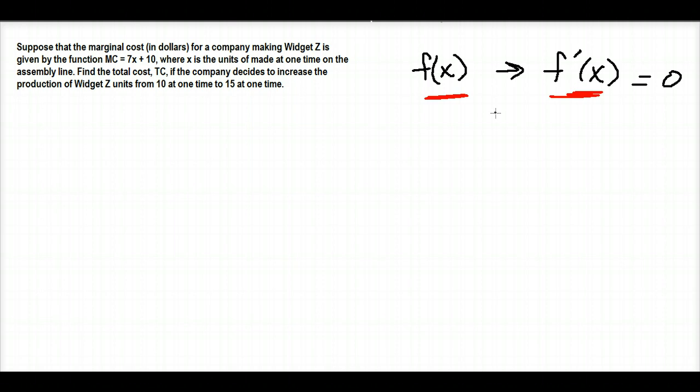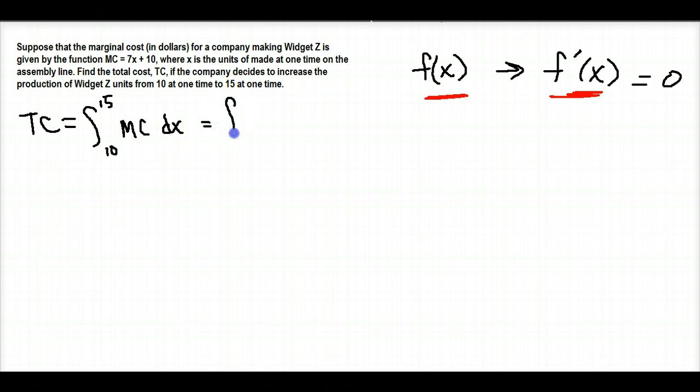Now, by us knowing that we have the marginal cost and we need to find the total cost, we know that we can take the integral of the marginal cost in order to get this. So we know that total cost would be the integral of marginal cost dx from 10 to 15, okay?